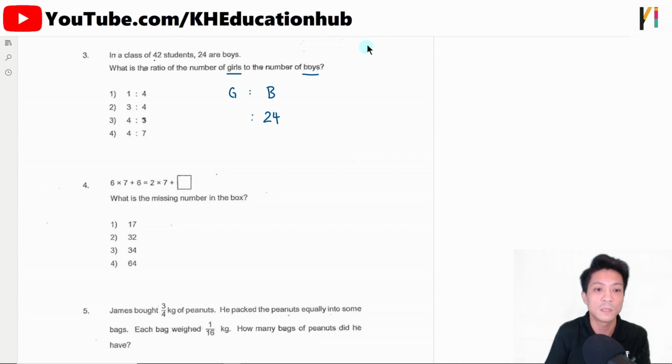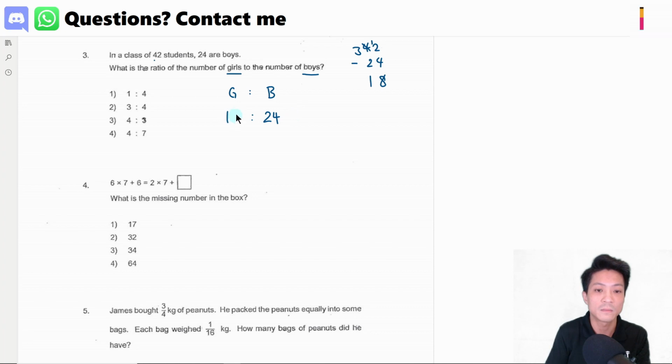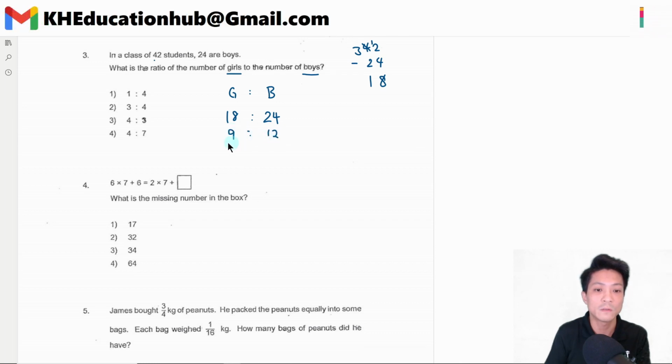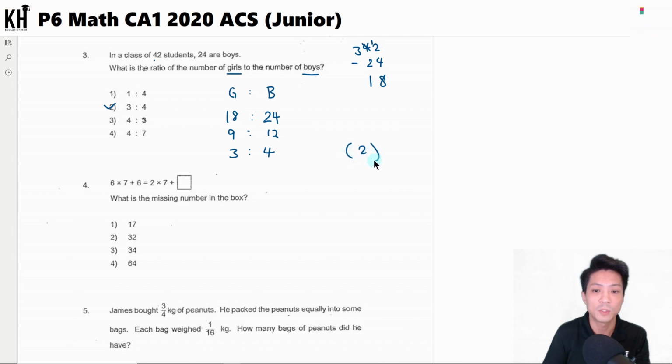To calculate the number of girls, you need to use 42 minus 24, and that will give me 18. 18 is to 24, just change it to simplest form. Divided by 2, 9 is to 12, divided by 3, and it will become 3 is to 4. Okay, the answer is number 2.